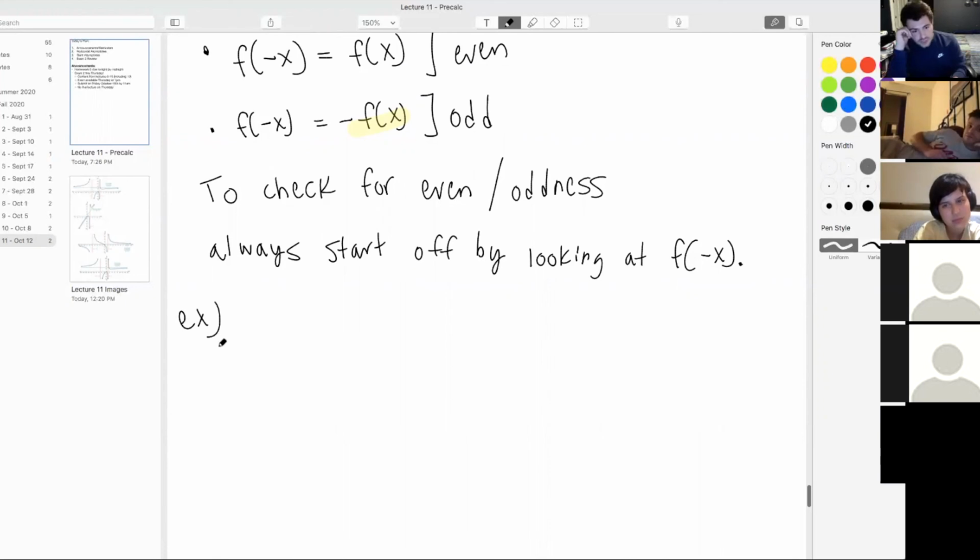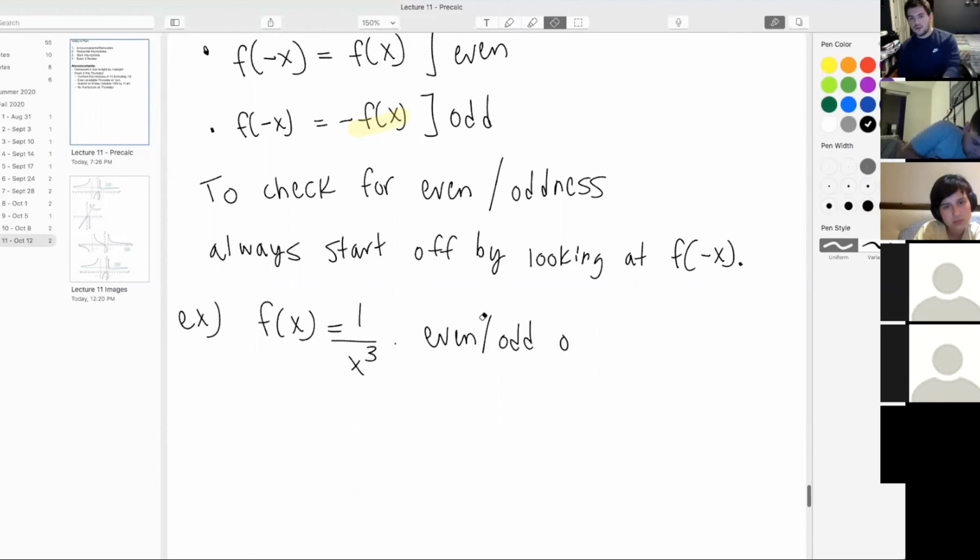Okay, so let's look at f of x equals 1 over x cubed. The question is, I'm asking you, is it even, odd, or neither?